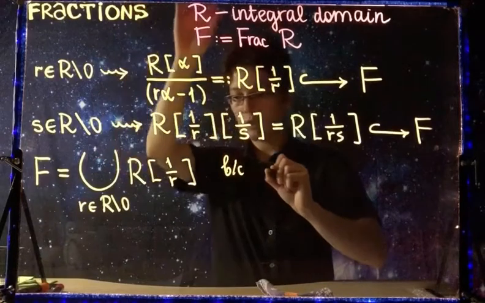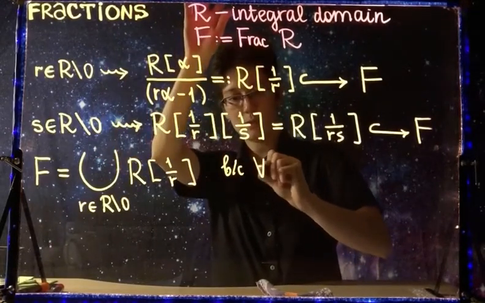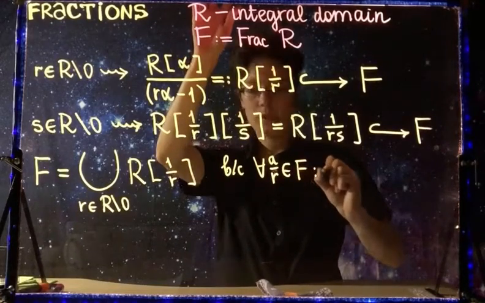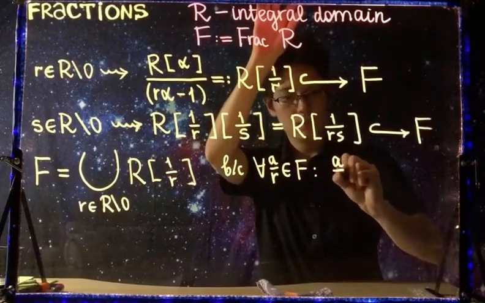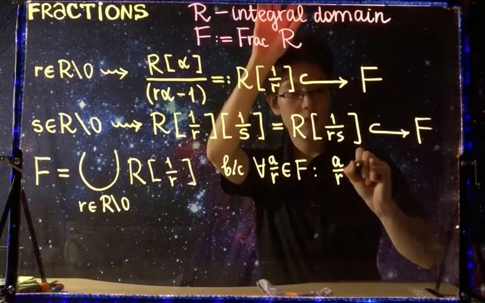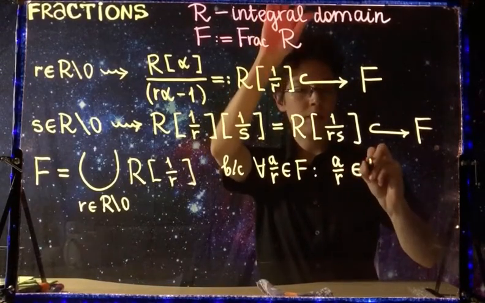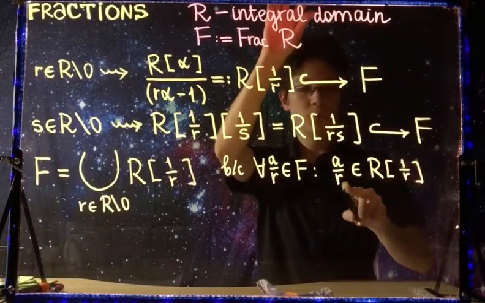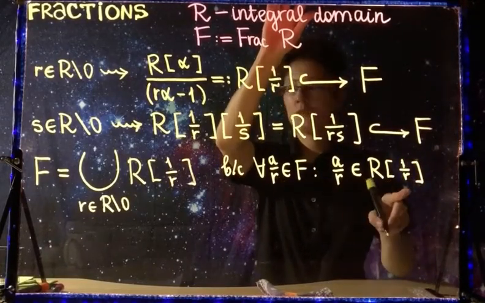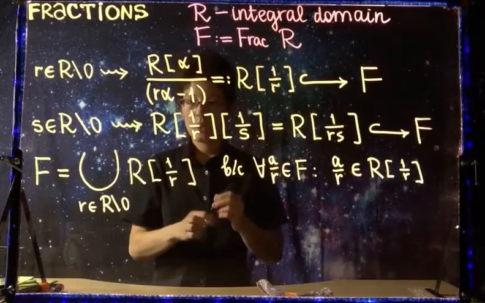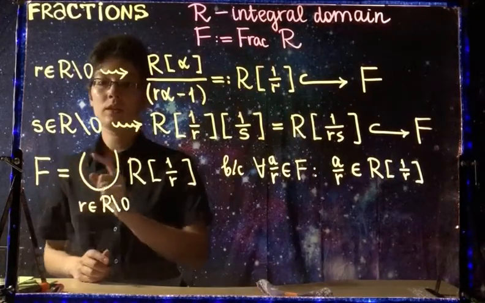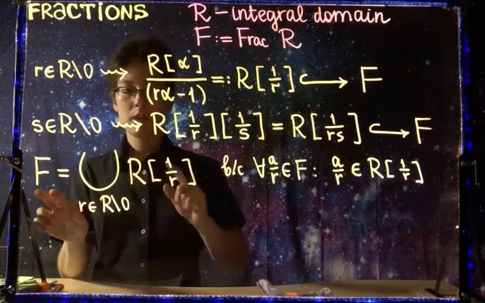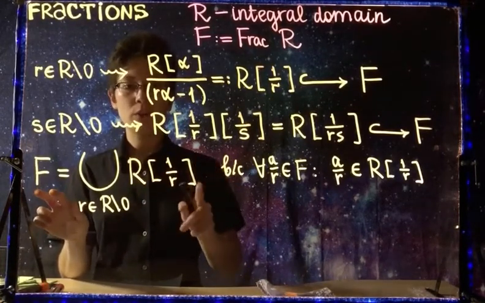And this is because for every A over R in F, A over R can be viewed as an element of R adjoin 1 over R for a certain R. So F consists of R plus all the inverses of all non-zero elements.